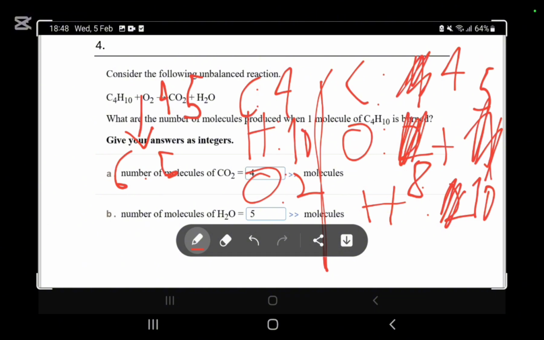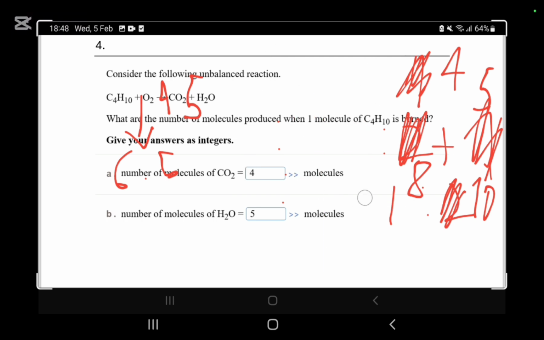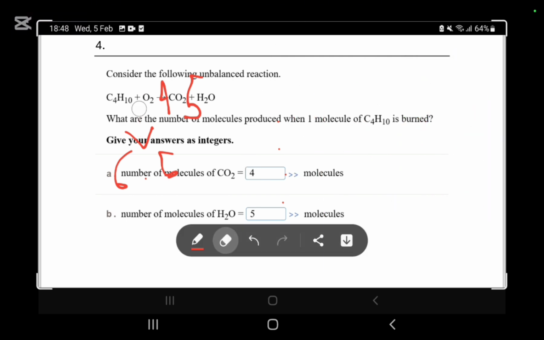Okay, and then we have everything. So let me remove this part, then this part. 6.5. Okay, so the number of molecules of CO2, which is the moles here, is 4 molecules. Then the number of molecules of H2O is 5 molecules.